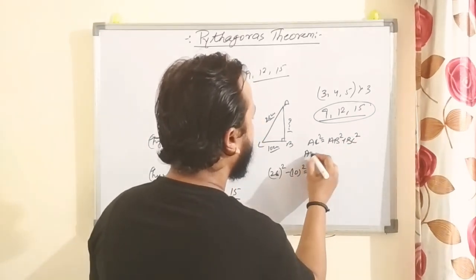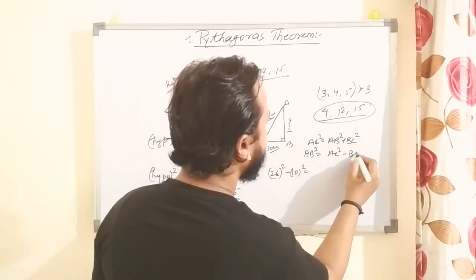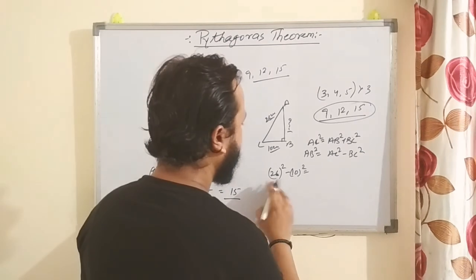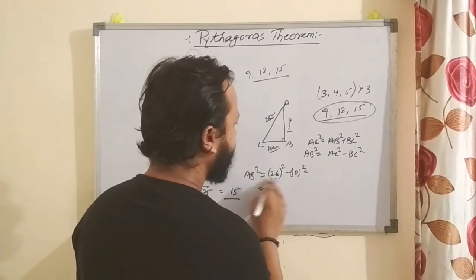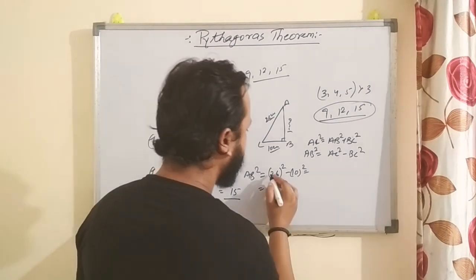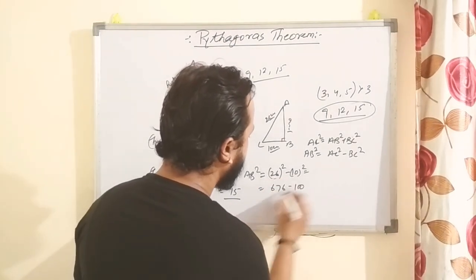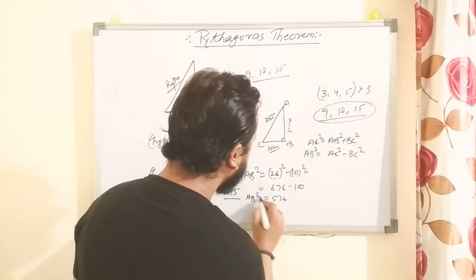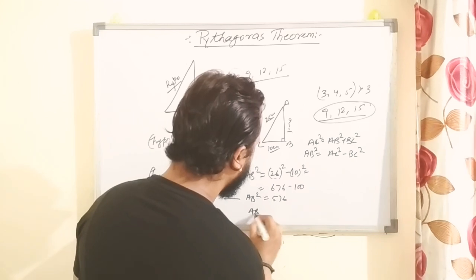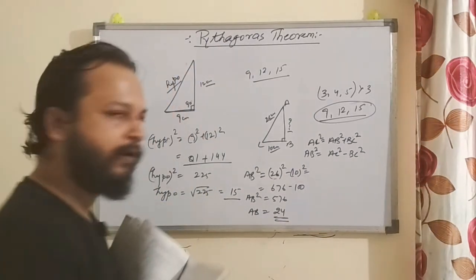So we have to find AB square, so AB square is equal to AC square minus BC square. So 26 square is 676 minus 100, that comes to 576, and 576 is the square of 24. So AB is equal to 24, right?